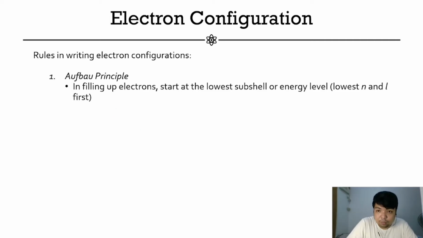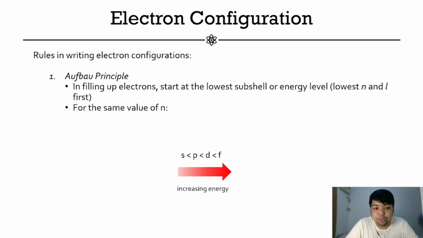If we have the same values of n, in most cases the s orbital will be filled first, followed by the p, followed by the d, followed by the f. This is because among the orbitals, s has the lowest energy, and f has the highest energy.